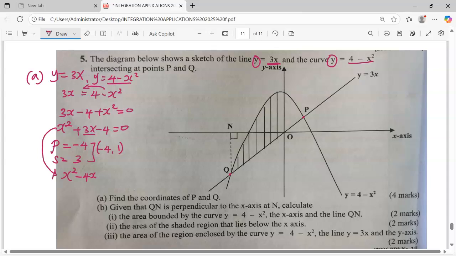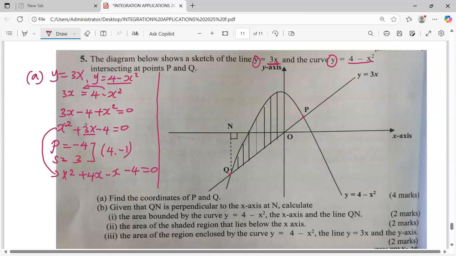Actually, it is not minus 4x, but this one is going to be positive 4 and a negative 1, such that if we rewrite this, we are going to have x squared plus 4x minus x minus 4, which is going to be equal to 0.